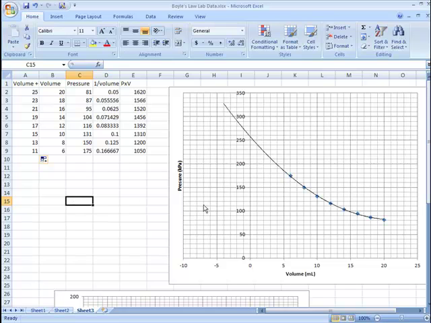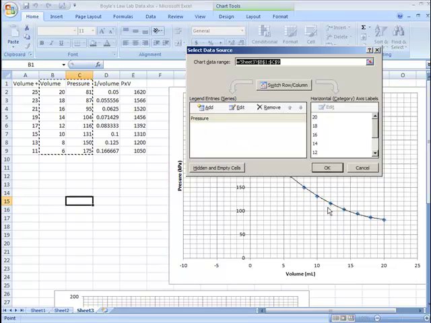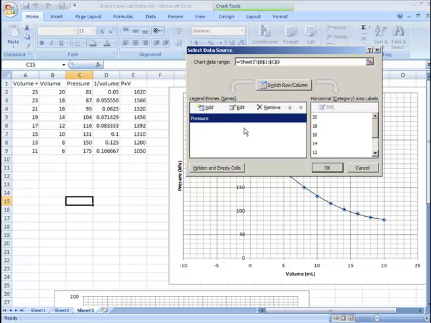Okay? Now the really cool thing is if you've got the new volume data, let's see if we can get this to work here easily. You select data. You've got your pressure data and your volume data. Let's see, the horizontal 20. So this one.